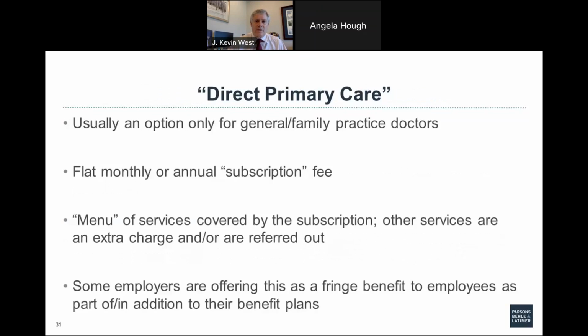There is also a new model that some folks have never heard of, and it really is an option for those who are in the general or family practice area, and it's known as direct primary care, DPC. And the way this works is that providers basically allow patients to subscribe or become members of the system, and these patients will typically pay, sometimes annually, more often monthly.